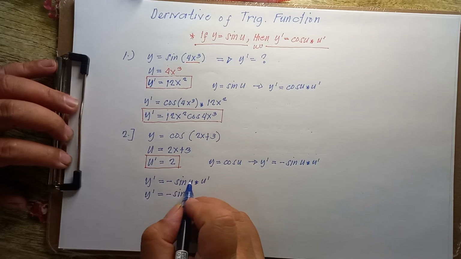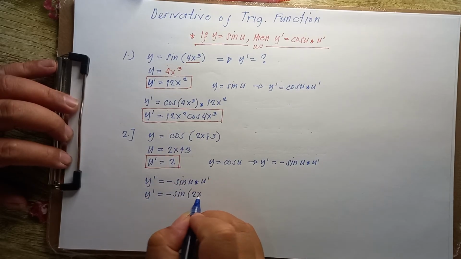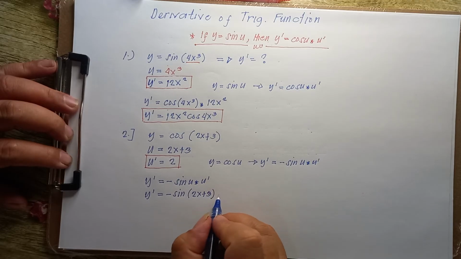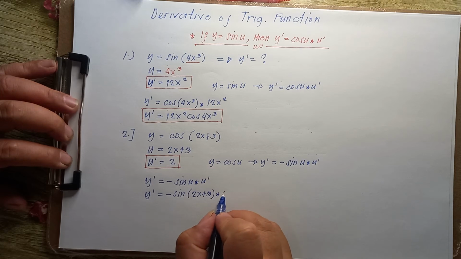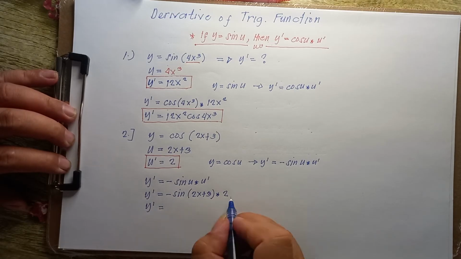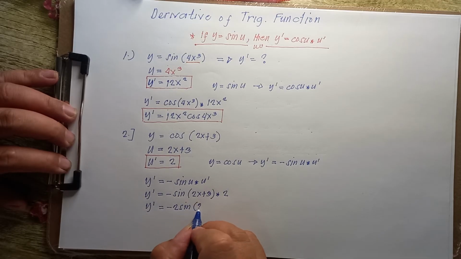What is our u? Our u is 2x plus 3. Then times, what is that u prime? That is the same as 2. So what would be now your final answer? y prime is the same as negative 1 multiplied by 2, so negative 2 sine 2x plus 3.